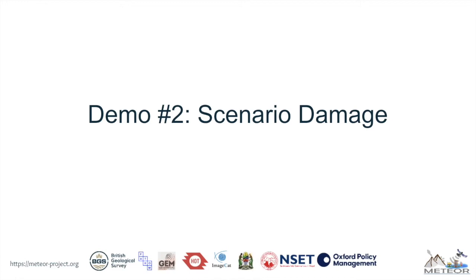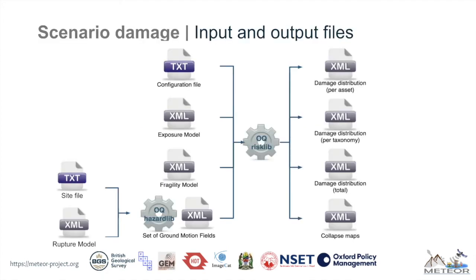For our second demo, we will be performing an earthquake scenario damage analysis using the OpenQuake engine. Here's an overview of the various input and output files used by the OpenQuake engine. Here we have the same two input files that were indicated earlier for a scenario hazard analysis, that is, the site file and the rupture model, which we went over in demo number 1.